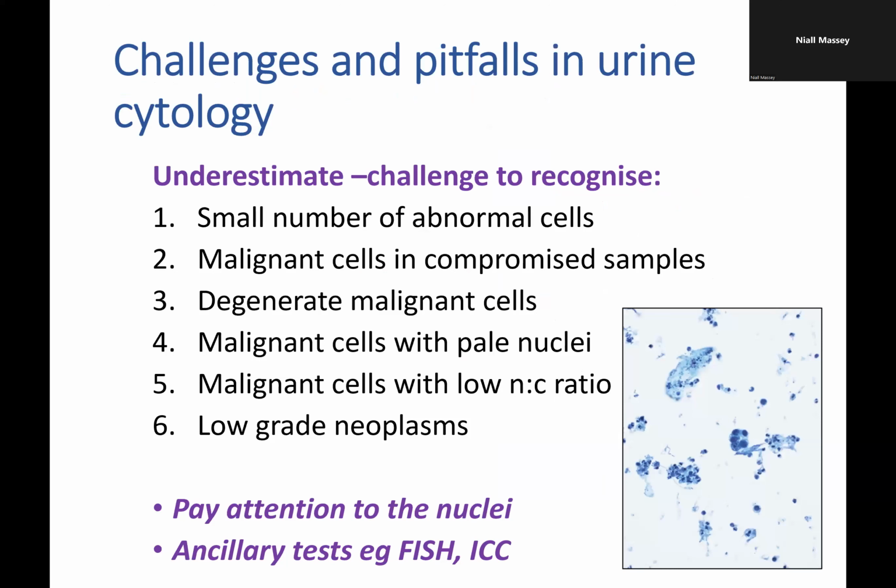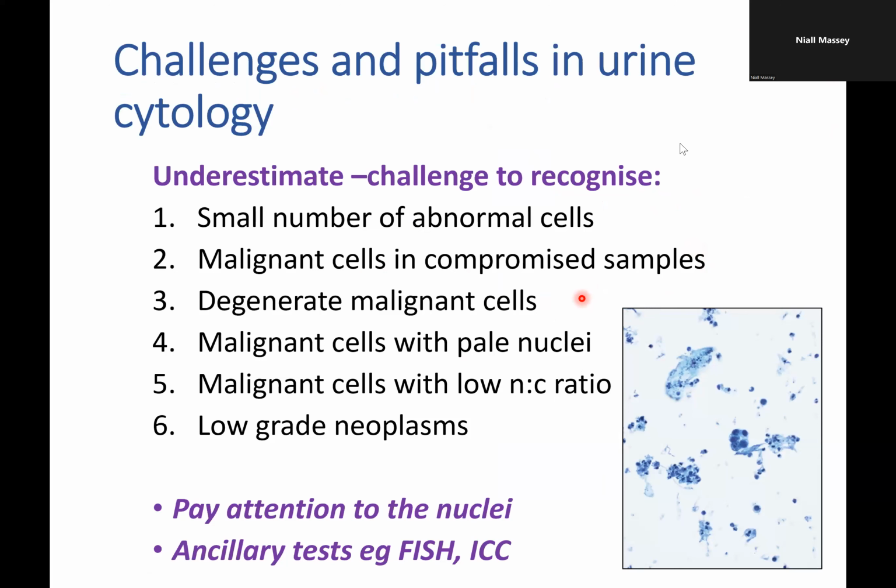So, having covered the main mimics of abnormal cells, let's change to the other situation in urine cytology where abnormal cells can be underestimated or missed, and identifying malignancy can actually be quite difficult, especially when you've got a small number of abnormal cells, or if the malignant cells are present in a compromised sample, such as the ileal conduit one I showed earlier, where malignant cells are undergoing degeneration.